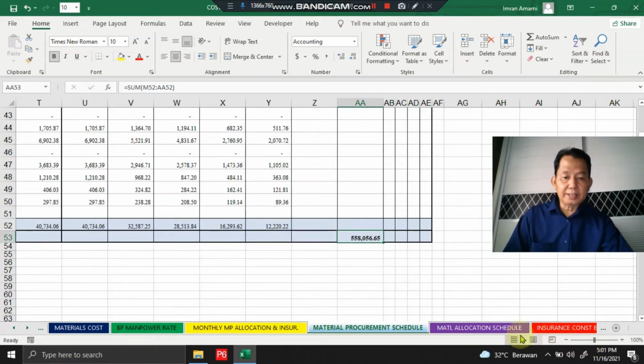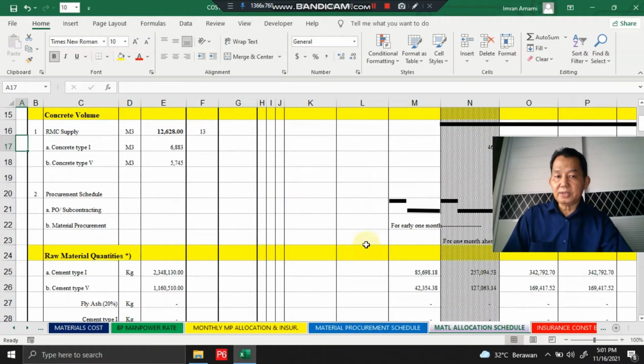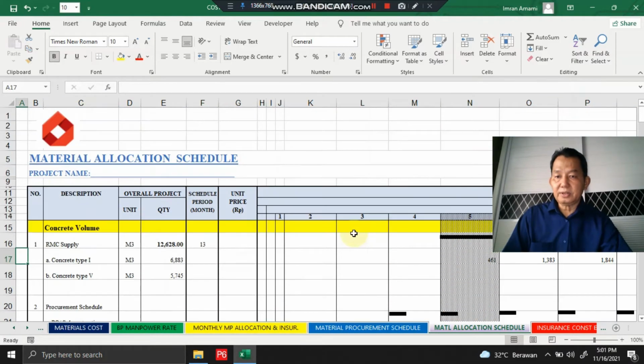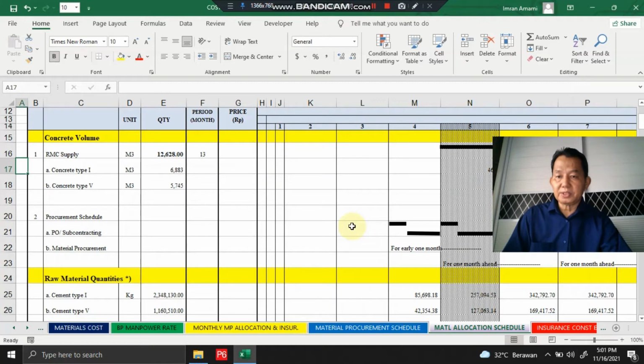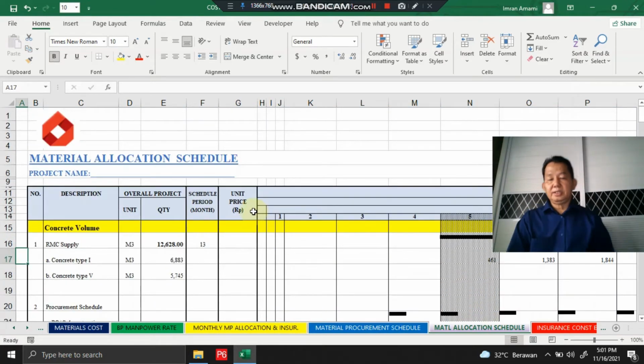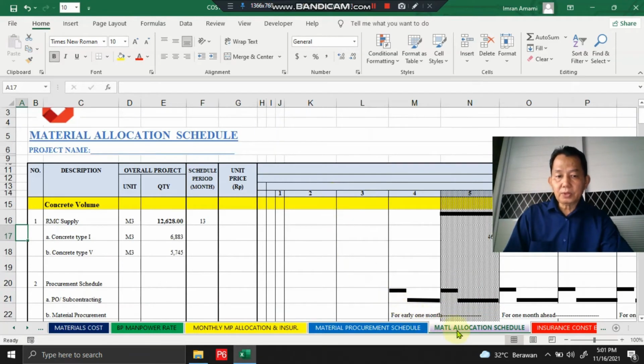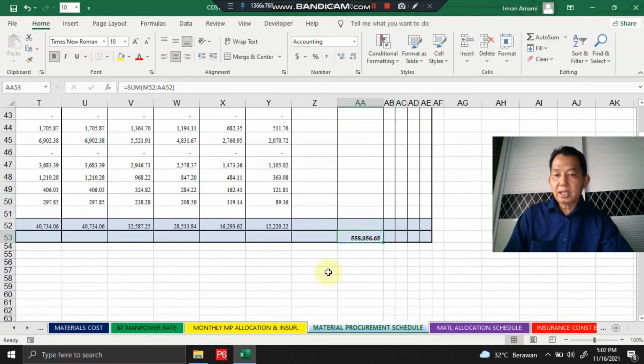Okay, and this is the material allocation schedule. Yes, this is the material allocation schedule. This section is composed based on the material schedule.